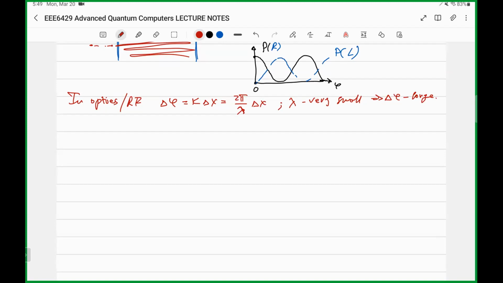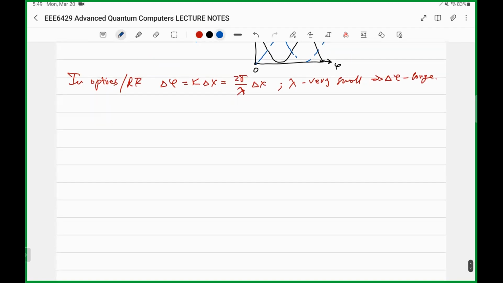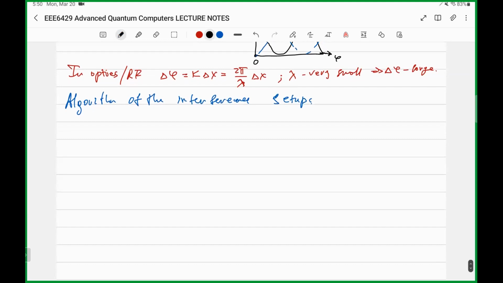So let's write down the algorithm of the interference setup, and you will understand why I write this part so formally.